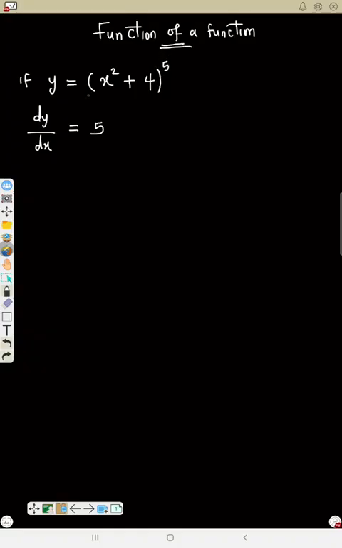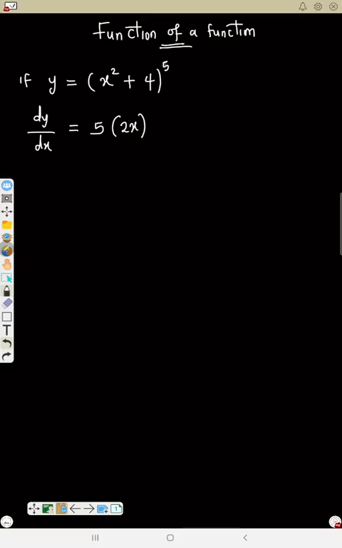Okay, now differentiate anything you have in the bracket. Now I have x squared plus 4 in the bracket. Differentiate it. That will be 2x. I don't need to write 0 because 0 is just a number there. It will be invisible.